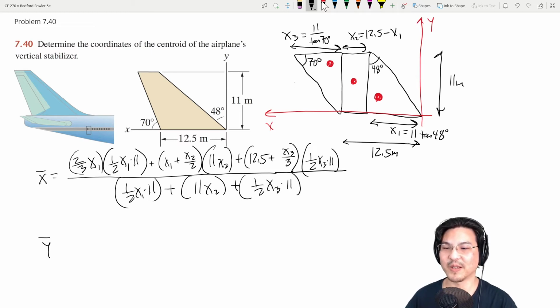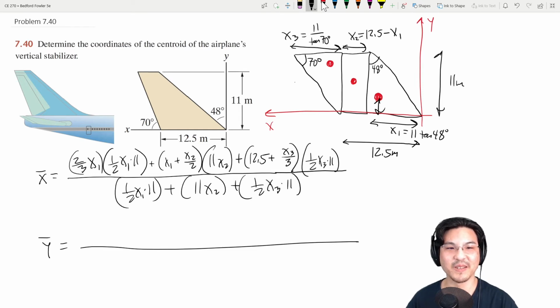Okay, let's try the y component. So similar, right? Here to here is 1/3 of 11 times the area of that triangle. It's just right here.